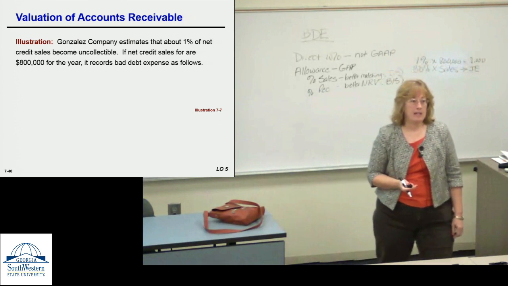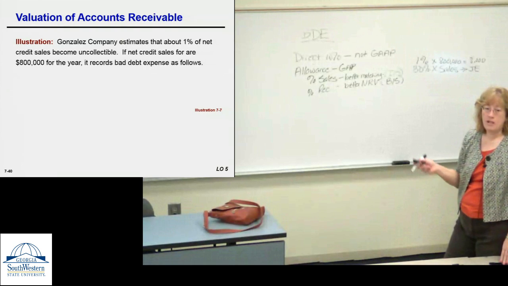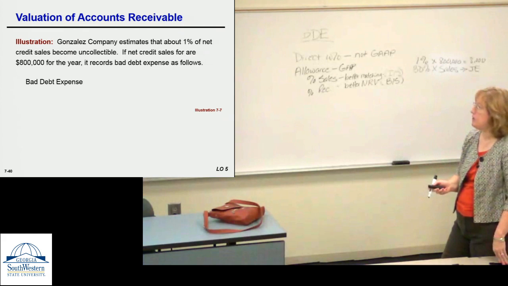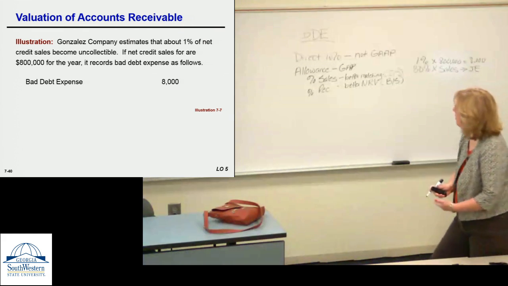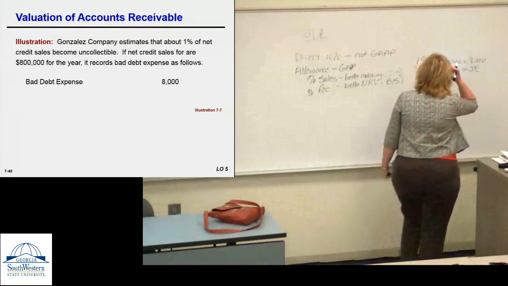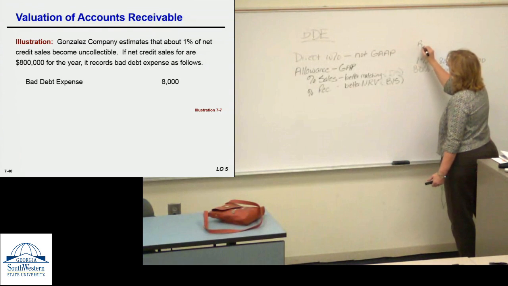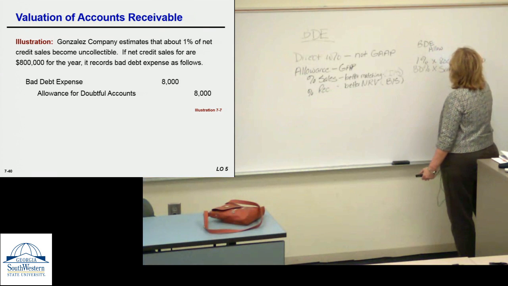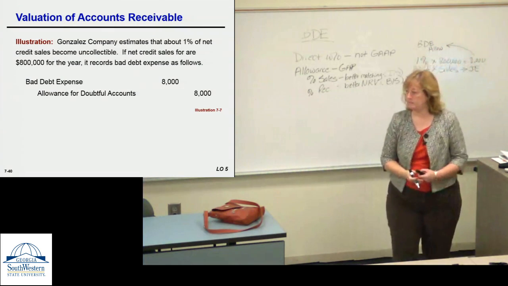Okay, so our bad debt expense is 8,000. So we're debiting 8,000, increasing our expense by 8,000, and then we're crediting the allowance for doubtful accounts. Our entry here is to debit bad debt expense and credit the allowance for 8,000.